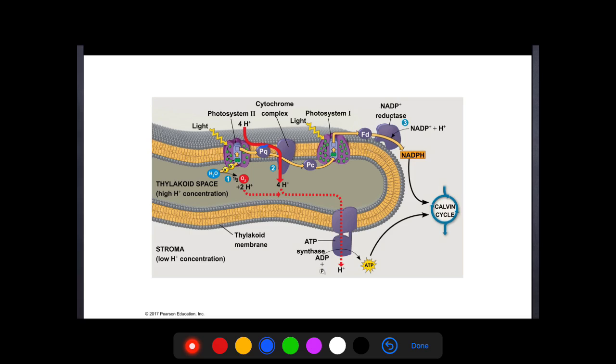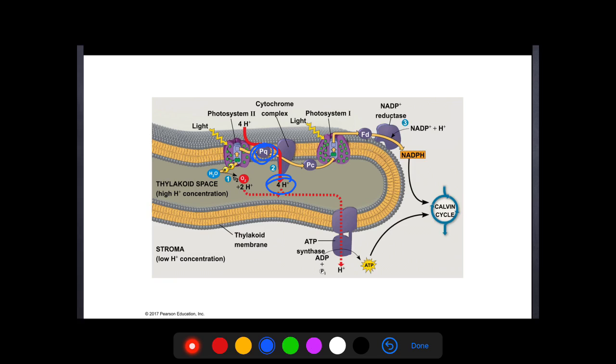And then you have PQ, which, right here, is going to transfer electrons to the cytochrome complex. And then 4 protons are going to go across the membrane from the stroma into the thylakoid space, which you see right here.